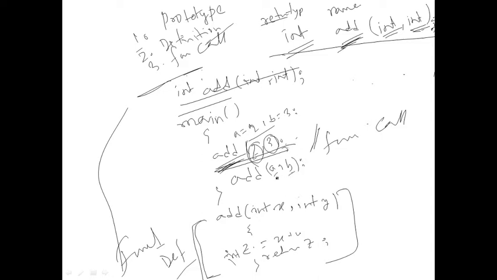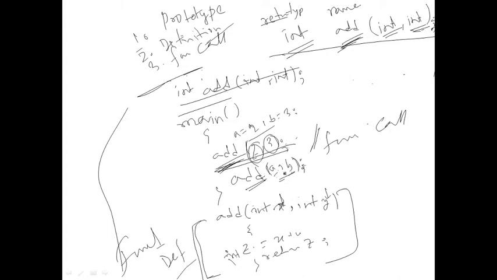In this type of call, you call the function with the name, the opening bracket and the closing bracket with a semicolon, and inside the brackets you send the arguments, because a and b will go to x and y. These are local variables.